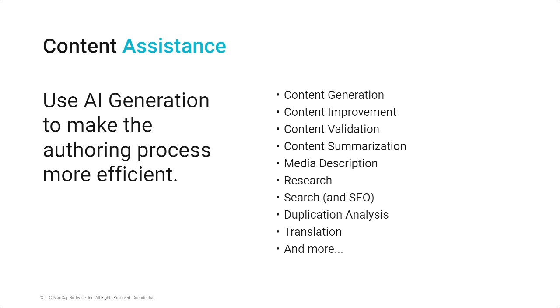Now, I want to spend a little bit of time on content improvement and content validation, because those happen to be a couple of things that I do use, and where I think there's a lot of opportunity for digging into your proprietary content, because as we say, that's where the real power is.